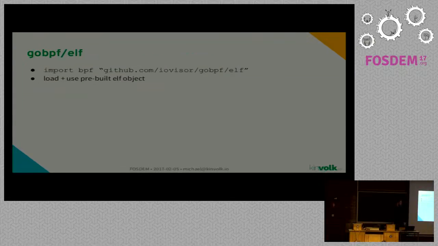The second package in gobpf is elf. So if you don't want to translate your program before you actually use it, or if you cannot ship the libbcc on all your systems because maybe it's too large and your containers should be small and tiny, then you could think about using precompiled object files.